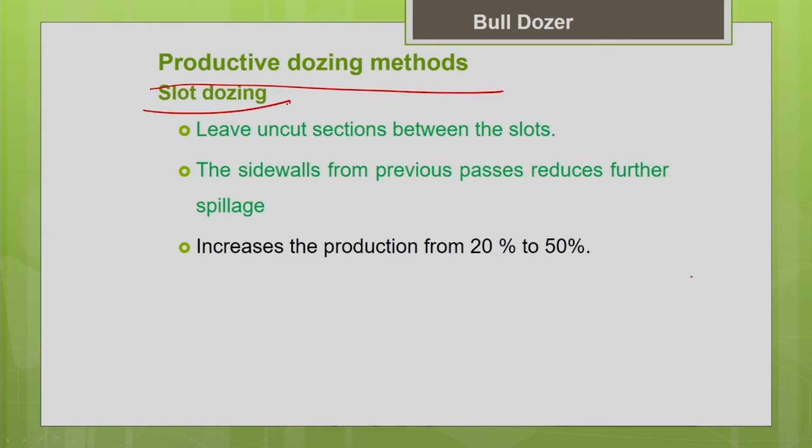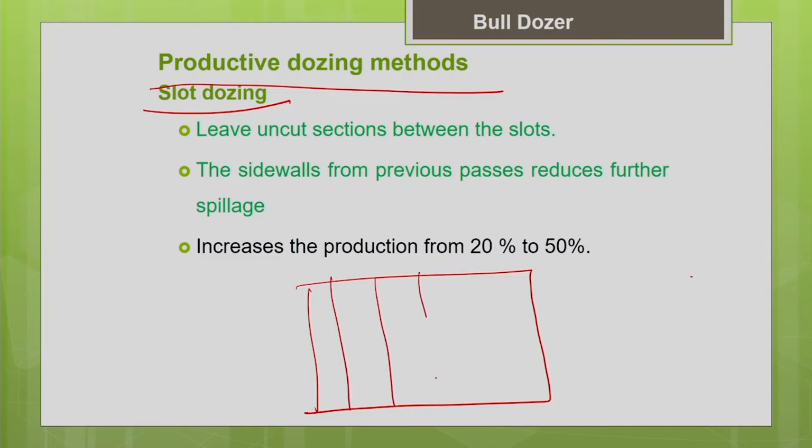Basically, to carry out slot dozing, you have to divide the area where you are going to do the dozing operation into many parallel cuts. If you have a larger area, it is easy to implement this method. Divide your area into parallel cuts and let the bulldozer move through alternate cuts first.